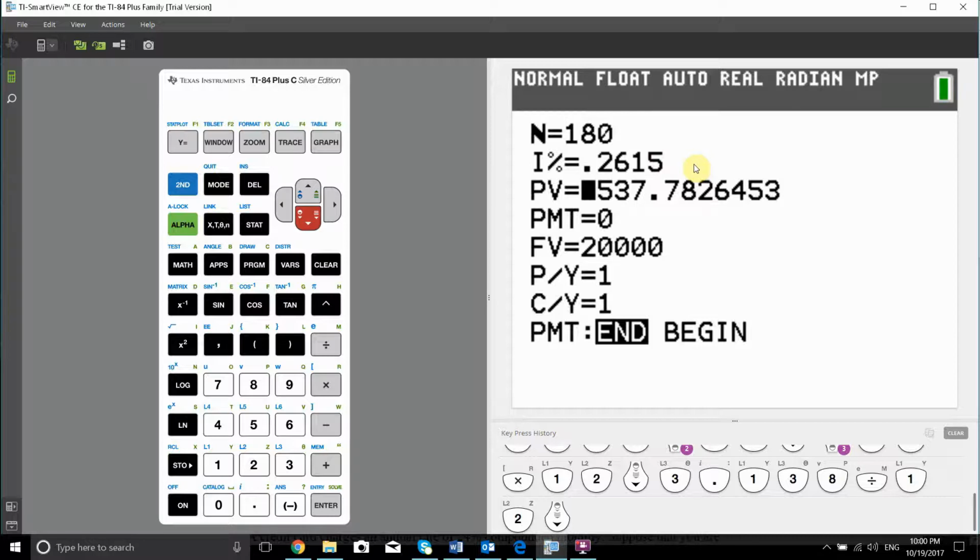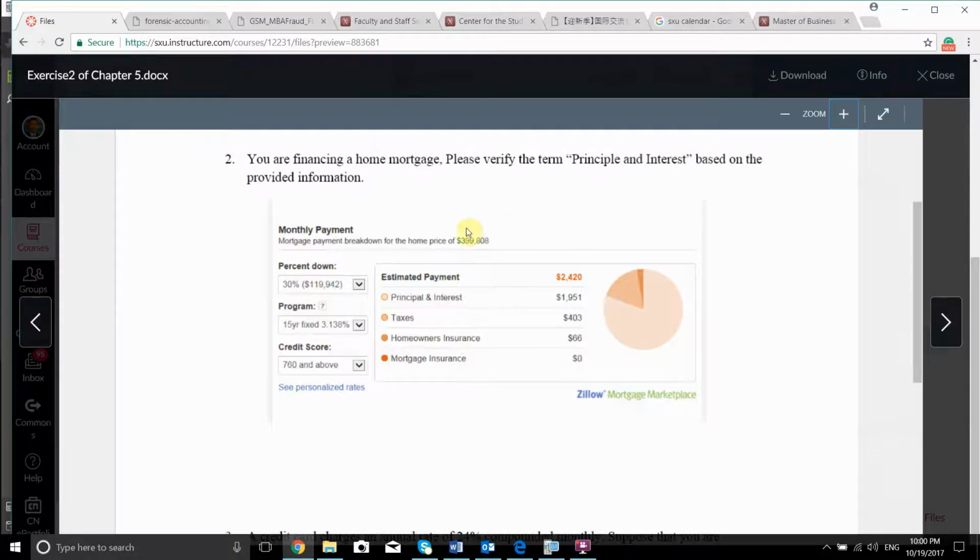And then the present value is how much you are borrowing from the bank today. When you buy the house, you pay the full price of 399,000. The thing is, from a bank, you're not borrowing 399,000. You only need to borrow part of the house price because you have already paid the rest in down payment.